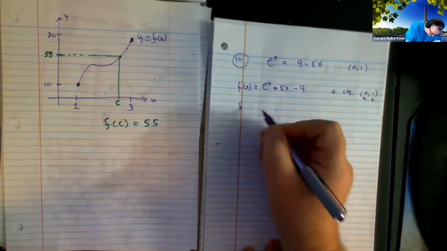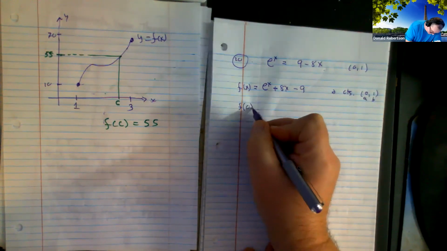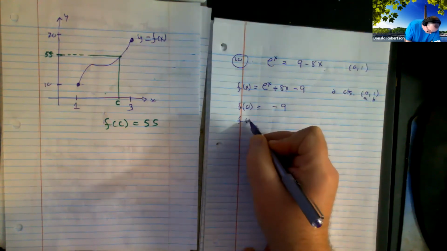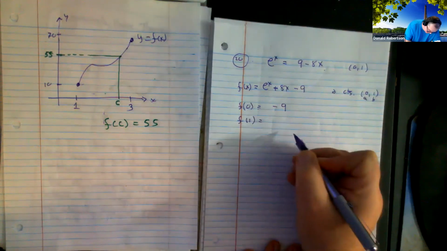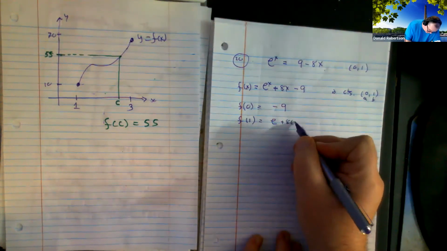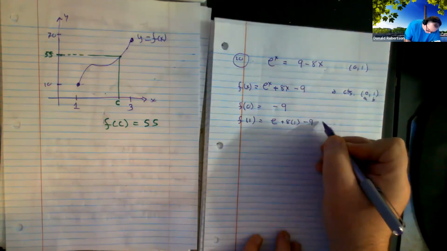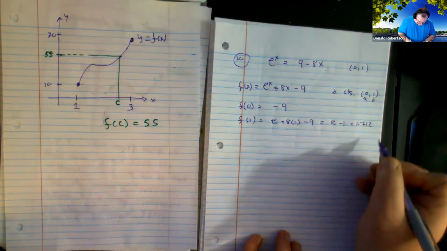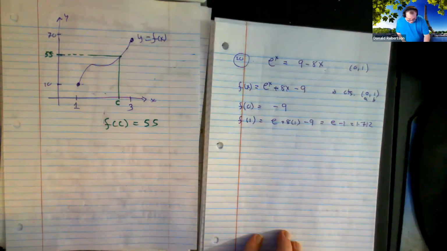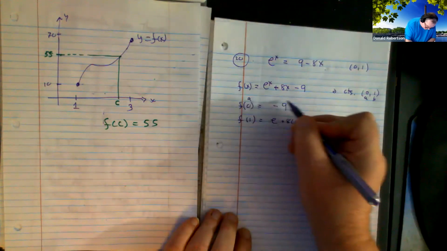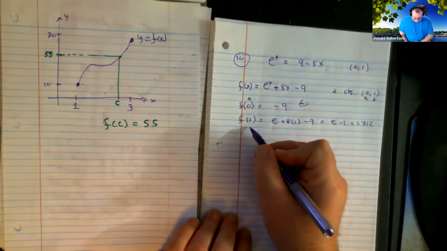Now the value at 0 is -9. And the value of this function at 1 is what? e plus 8 times 1 take away 9. That's e take away 1. That's roughly about 1.712. So at a, it's negative, and at b, it's positive.